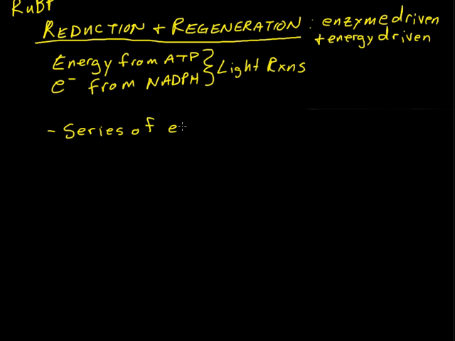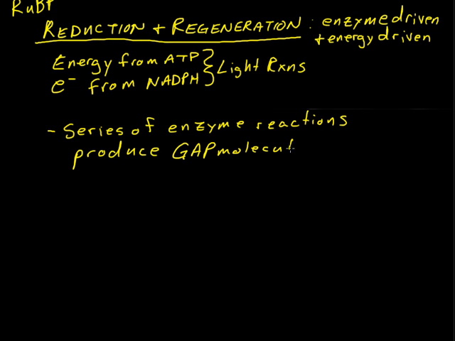Basically, the end products of reduction and regeneration, we'll say, are a series of enzyme reactions that produce a molecule called GAP, and they produce these molecules from the 3-PGA molecules already made by Rubisco, ATP, and NADPH.